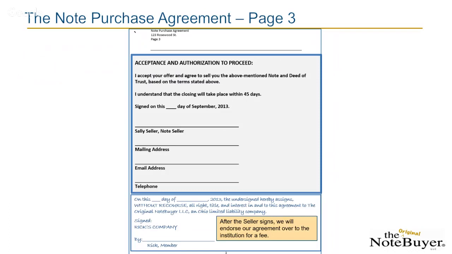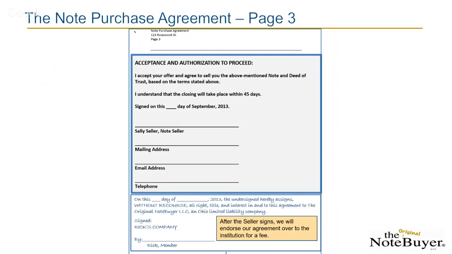But for the purposes of this webinar, we said that we're selling it to an institution. So it would simply say that the undersigned hereby assigns without recourse all right, title, and interest in and to this agreement to XYZ note buying institution.